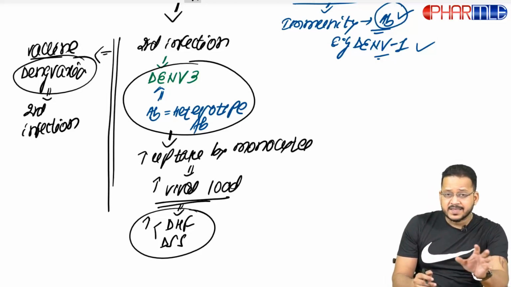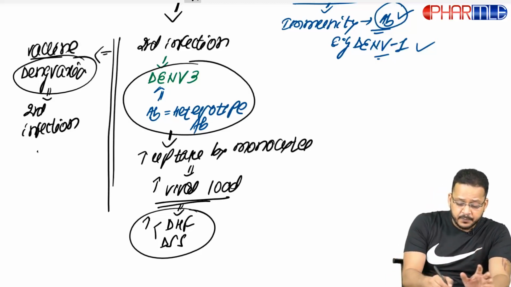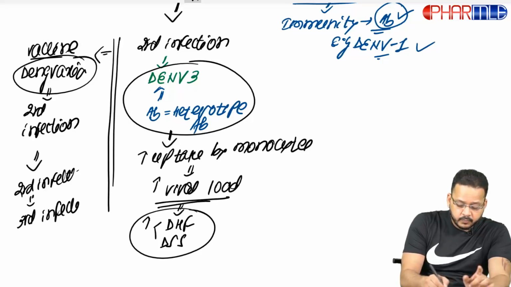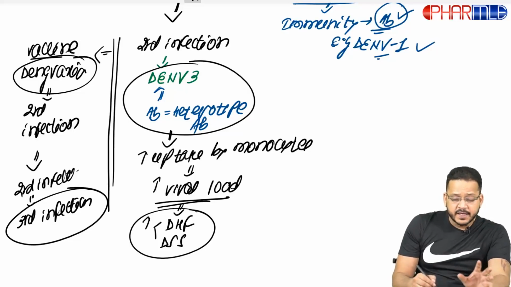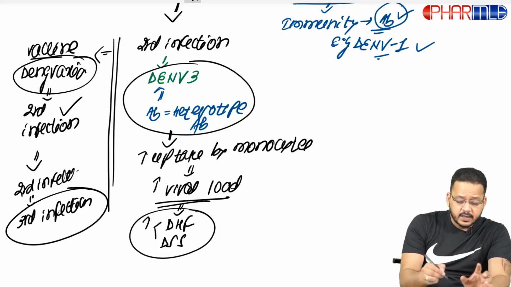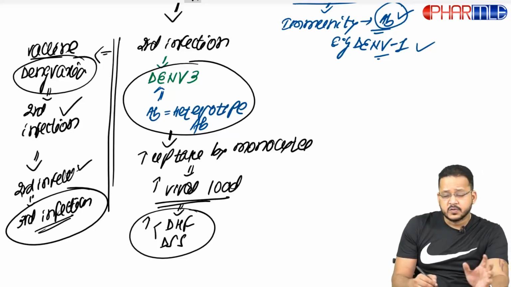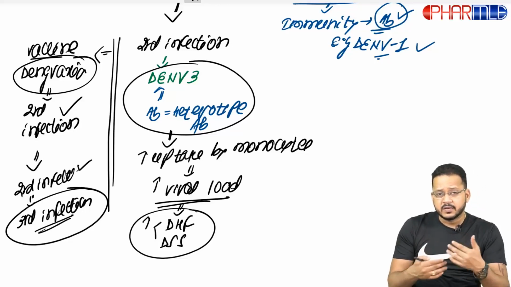So it replaces the second infection, and now when the second infection happens, it will behave like a third infection. So we are bypassing that risk.